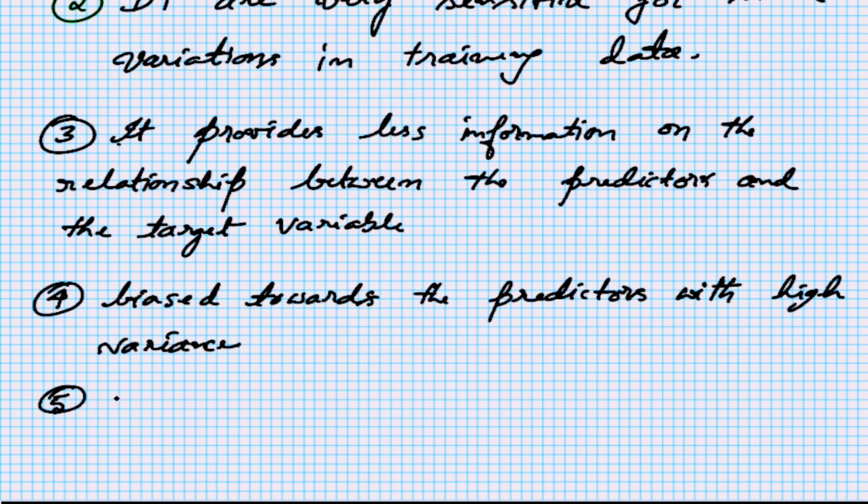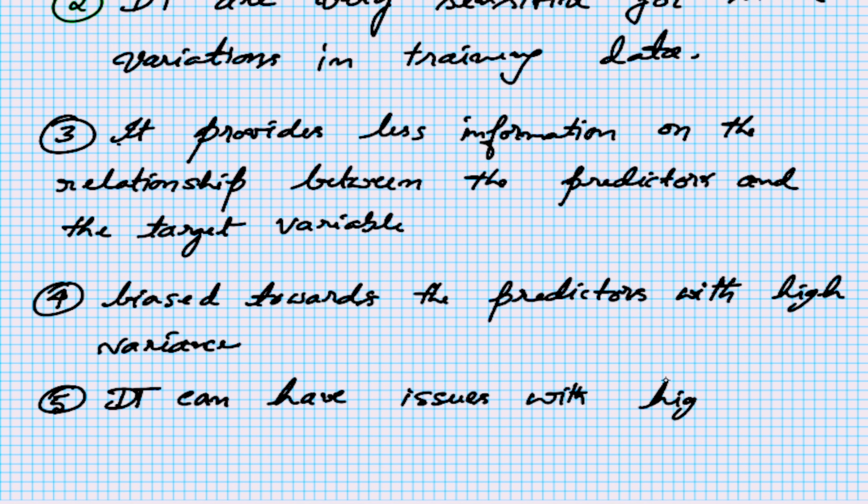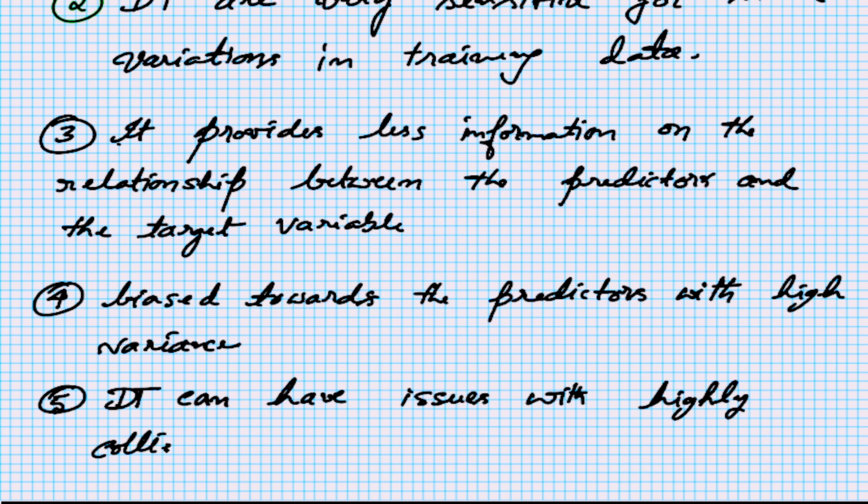So the decision tree can have some issues with highly collinear predictors.